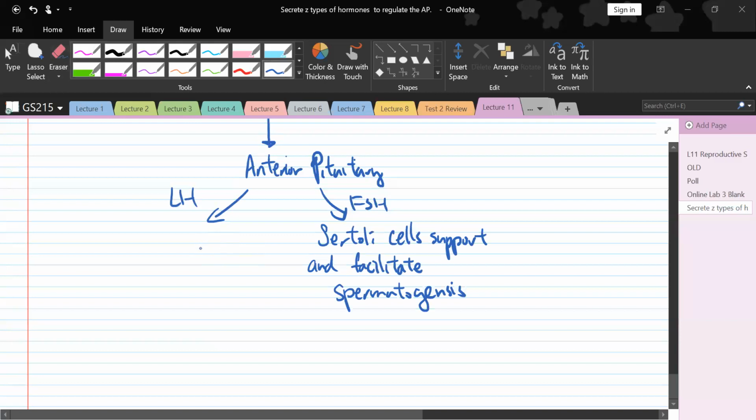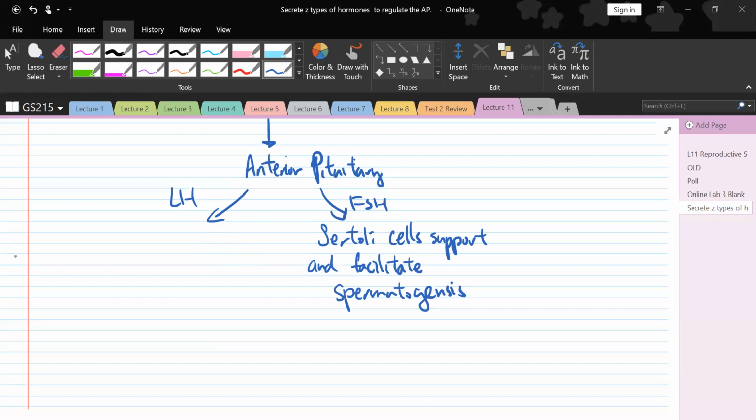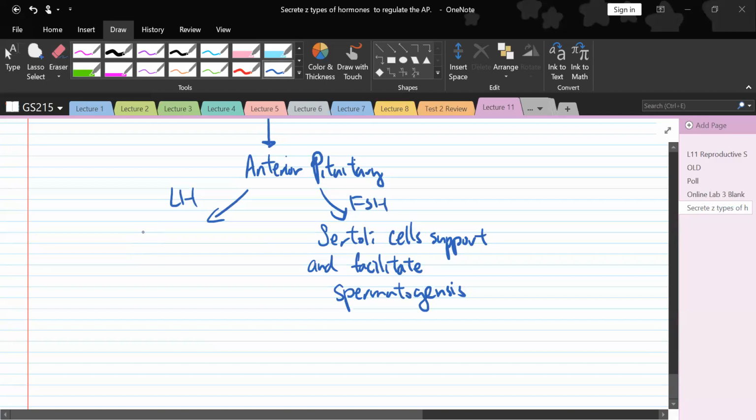Now, if you think back to the female version, the LH will lead to an increase in progesterone. But in men, what's the analog to that? What's the male version of that? Yeah, the testosterone. The testosterone-producing cells will be stimulated by the LH, which would then secrete testosterone.